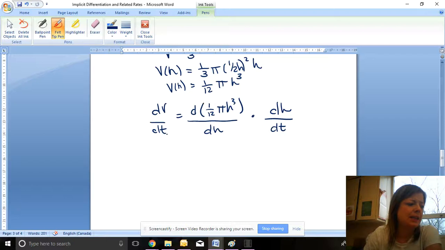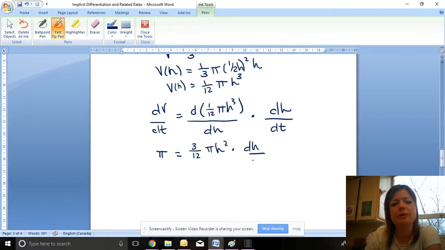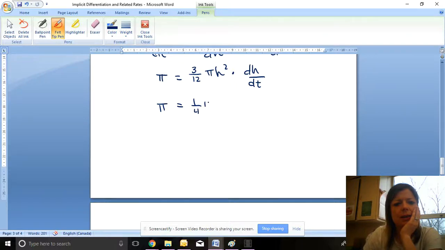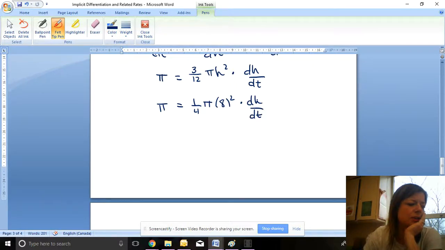Now we know dV dt is equal to pi because we were given that information. We bring down the 3, so we get 3/12 pi h squared times dH dt, which is what we're trying to solve for. And we also know that we want h to be 8. So now we get pi equals 1/4 instead of 3/12 pi 8 squared times dH dt. So now we can isolate dH dt.